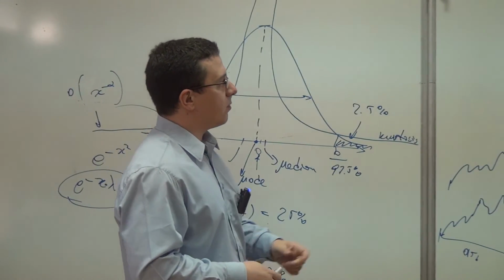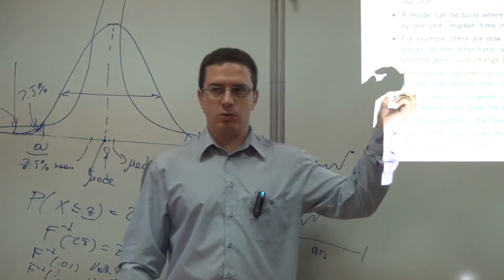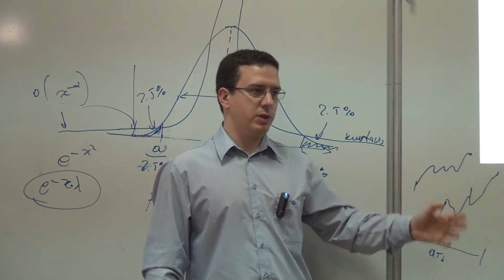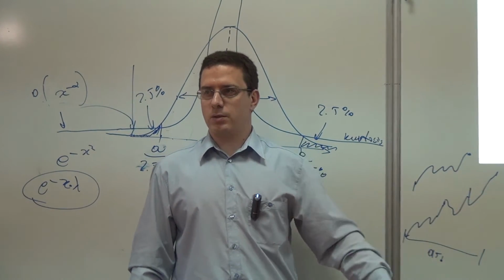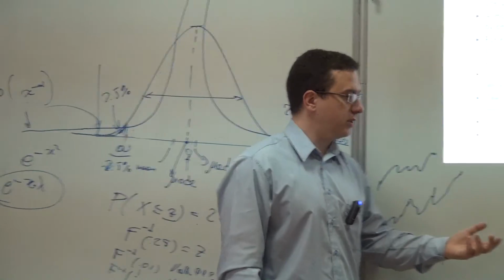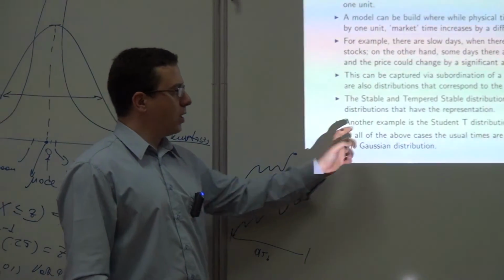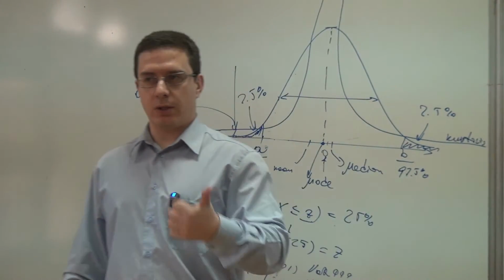And the interesting thing is the stable has a representation as a subordinated process. The subordinator is, of course, something a little more complex and difficult to write down, but the process is still normal. The tempered stable also has this representation, so you actually can use it in the same way.